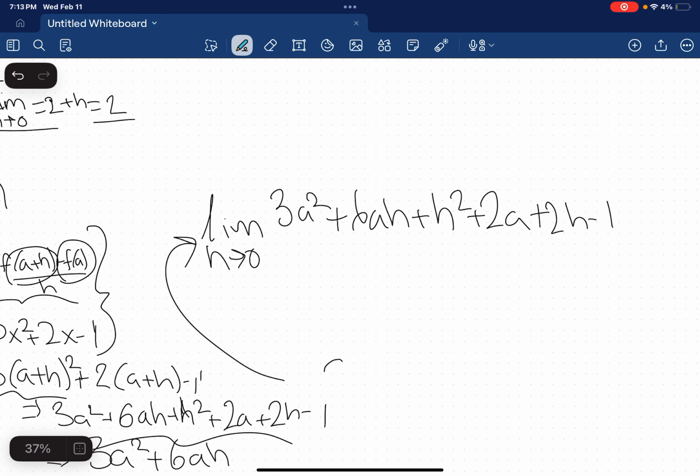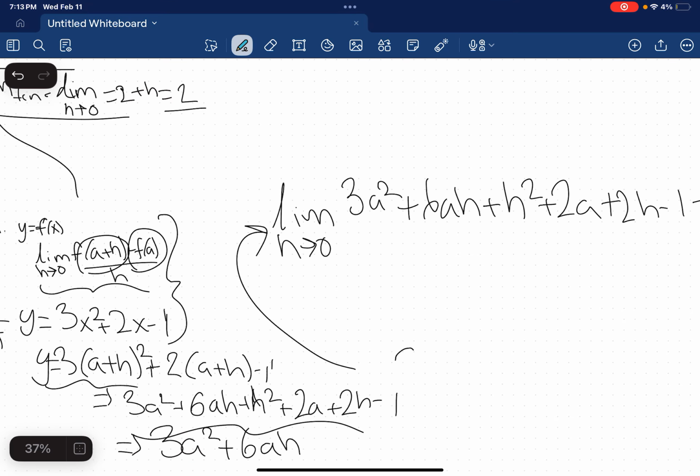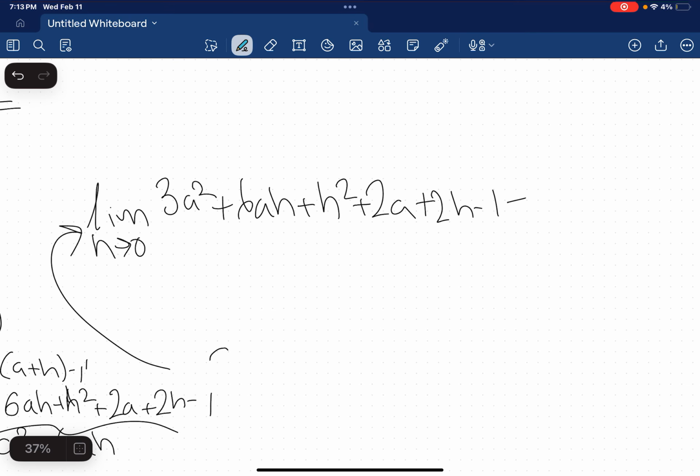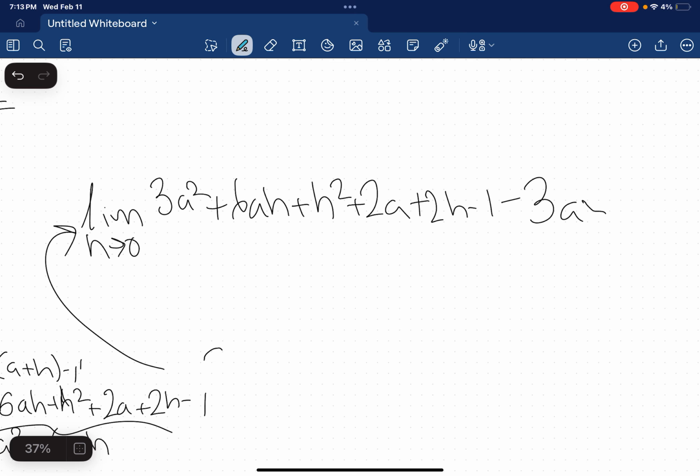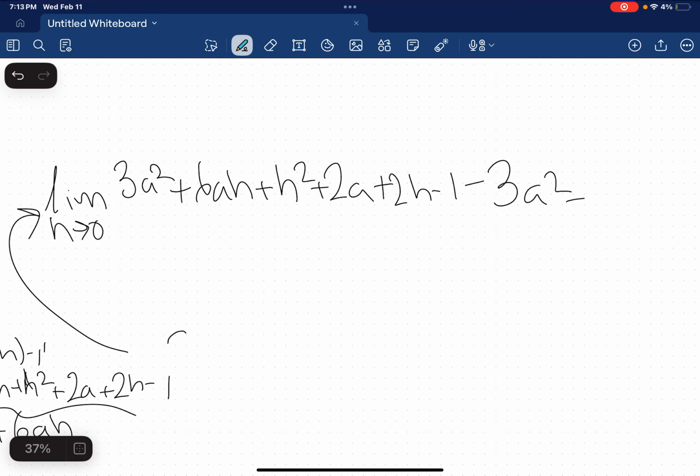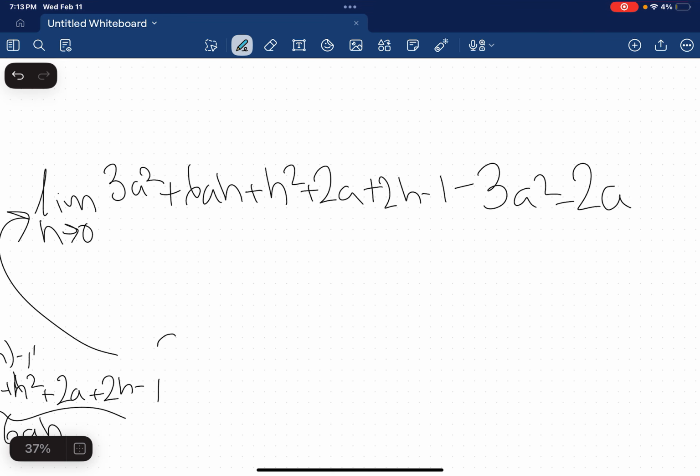And now minus, we're going to plug x in for a in this original equation to get 3a squared minus 2a and minus 1, so plus 1.